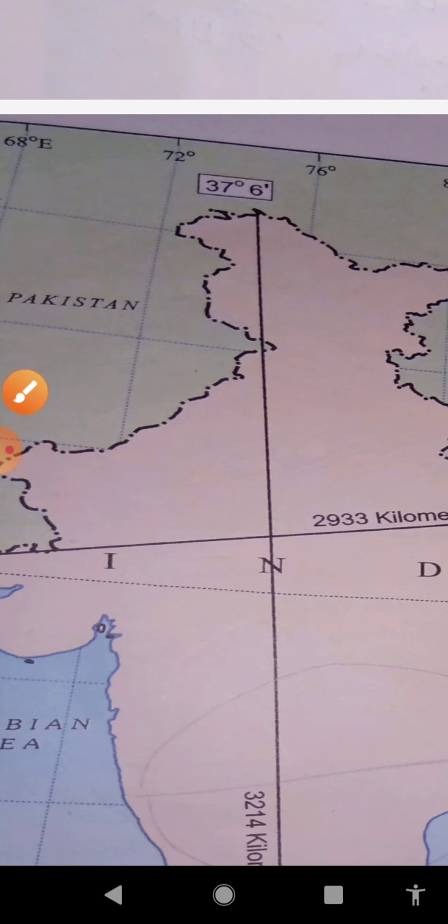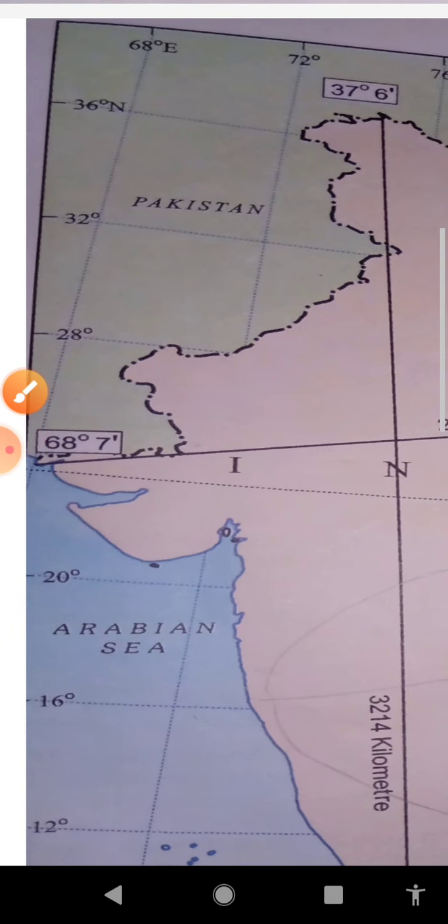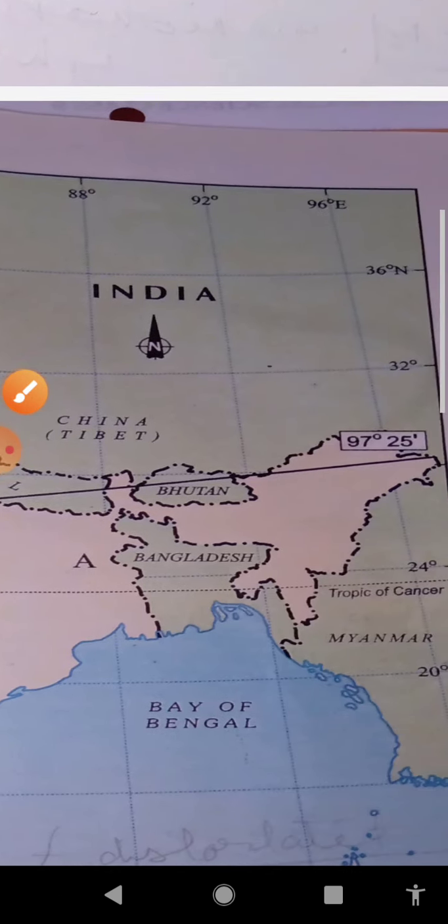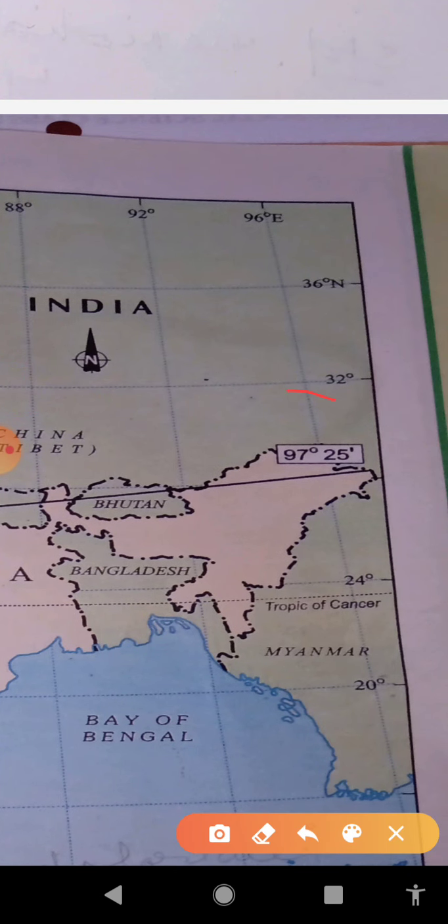And with regard to the longitudinal extent of our country, it lies between 68 degree 7 minute east to 97 degree 25 minute east.